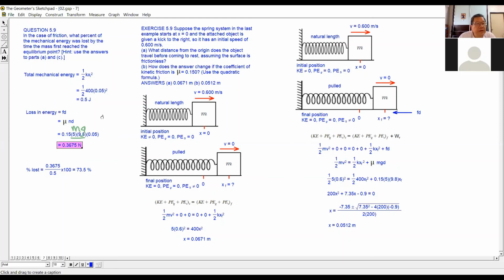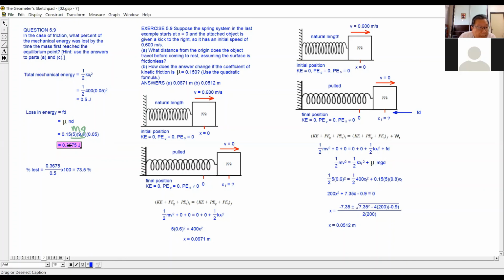So this is the total energy that I have, 0.5 joule, not Newton, sorry, joule. Very careless. This is the loss of energy through friction, and this is the initial energy I have. They ask you how much is the percentage.